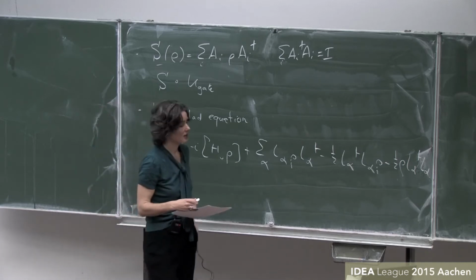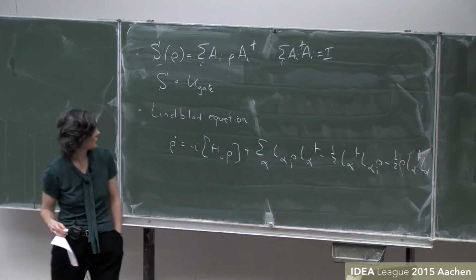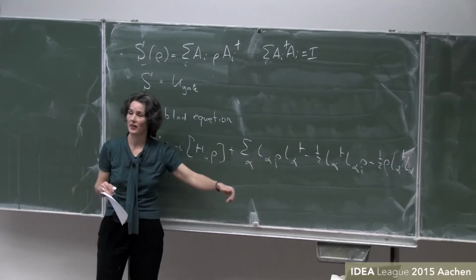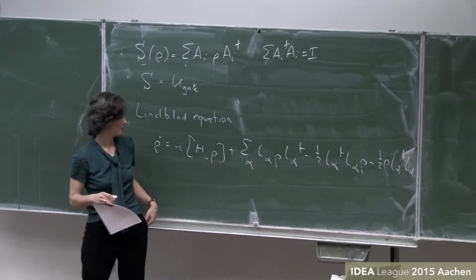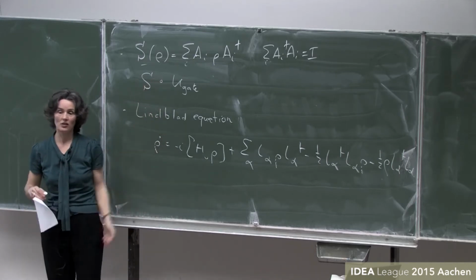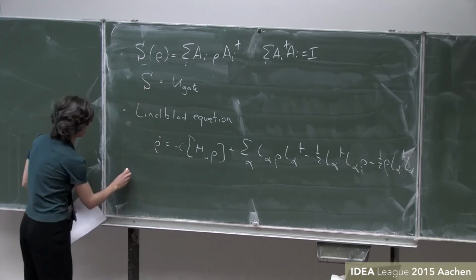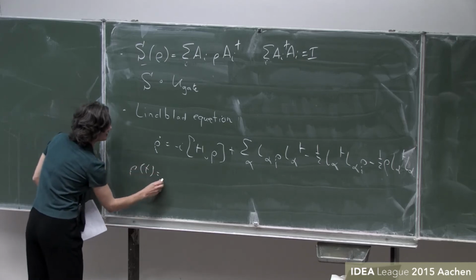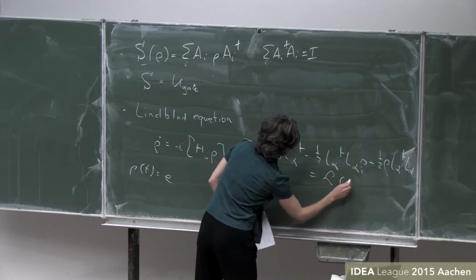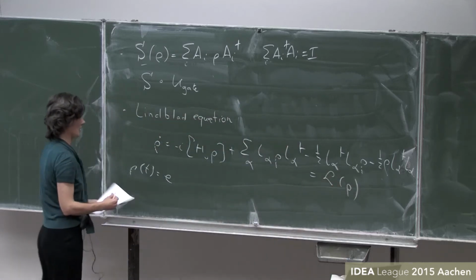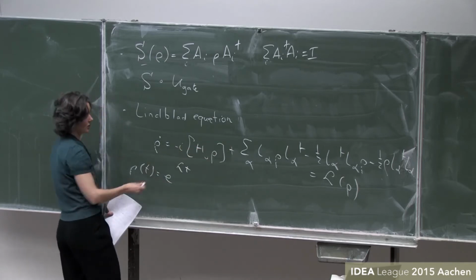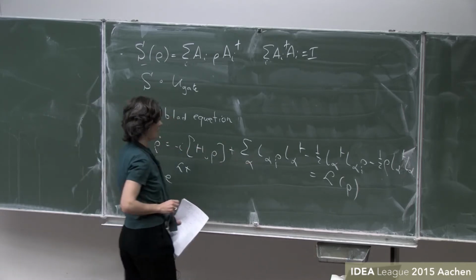Maybe I should ask a question, because I can do this and I can also not do this. Do people know, if you have this Lindblad equation for a very short time, how to get the superoperator that corresponds to it? The idea is that you can integrate this equation. Let's say L acting on rho is some operator, time independent, with the Hamiltonian and the quantum jump operators.